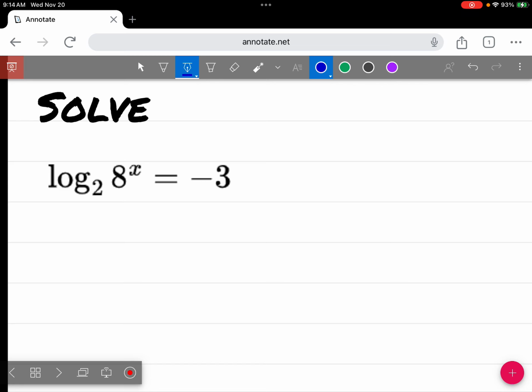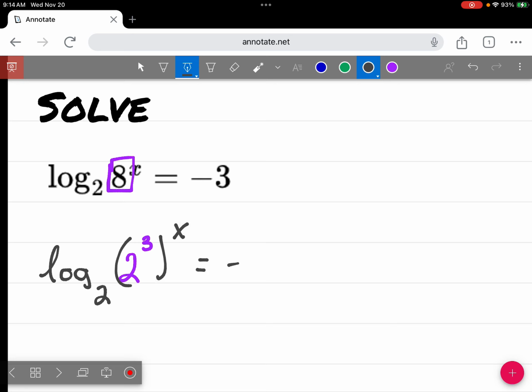So I have a log base 2. And my exponential piece has a base of 8. How could I write a base of 8 in terms of 2's? Log base 2, and my 8 I can write as 2 cubed to the power of x equals -3.